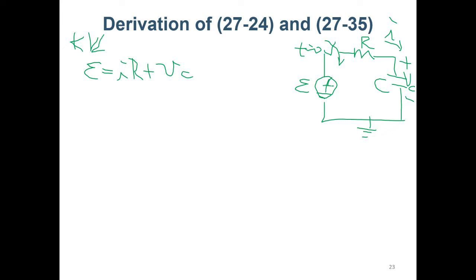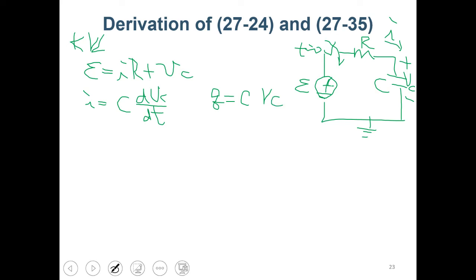And for the capacitor, we should know that I equals C dVC/dt. Because in chapter 25 we know that for the capacitor, Q equals CV, or VC in this case. V or VC is just a variable name.